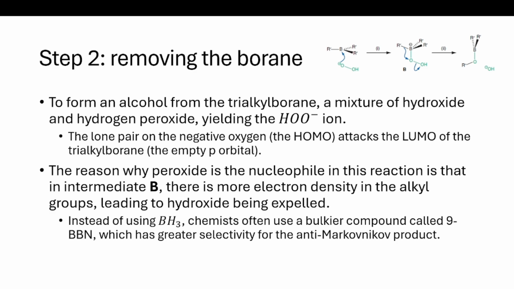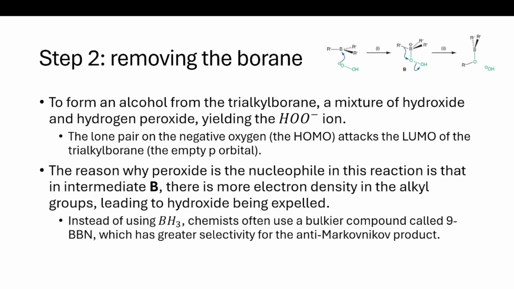And so what we can use is a mixture of hydroxide and hydrogen peroxide, which yields the HOO minus ion. The lone pair on that negative oxygen will attack the empty orbital of the trialkyl borane, which is the empty p orbital.